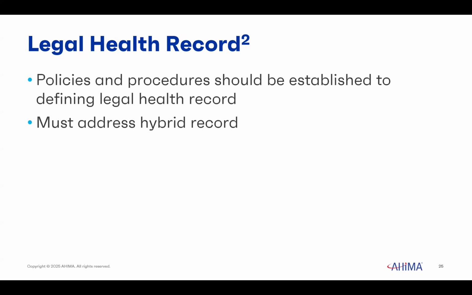Especially as electronic health records are implemented. Many times we had hybrid record systems for a time. So you have to be able to address that. In other words, what is defined as the legal health record? And if you're using a hybrid record, how is that defined?